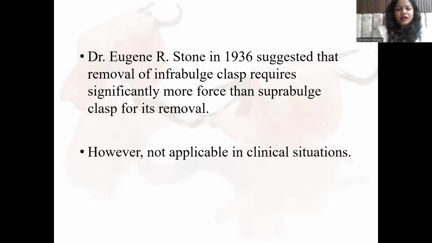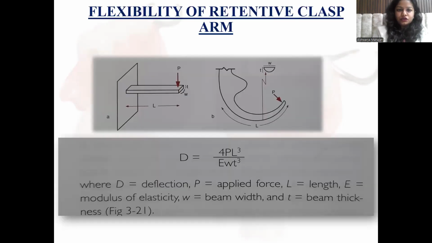However, this is not applicable in clinical situations. For providing retention, flexibility is one of the major components. A rigid clasp arm flexing over the height of contour may transfer harmful forces to the abutment. So its flexibility is crucial.